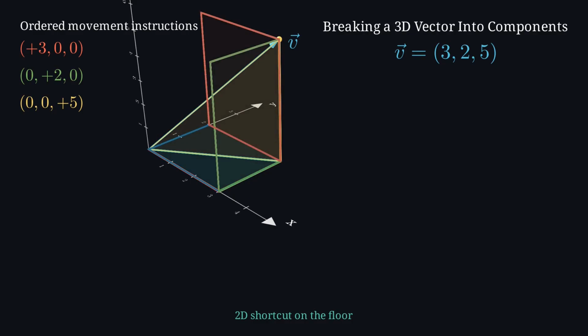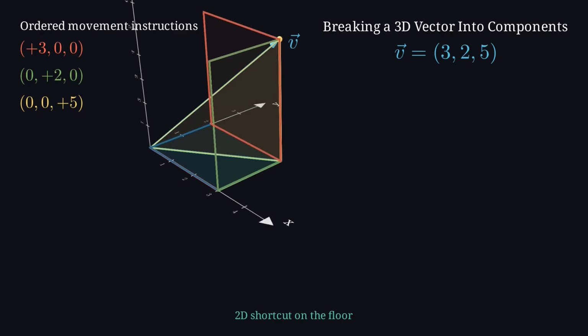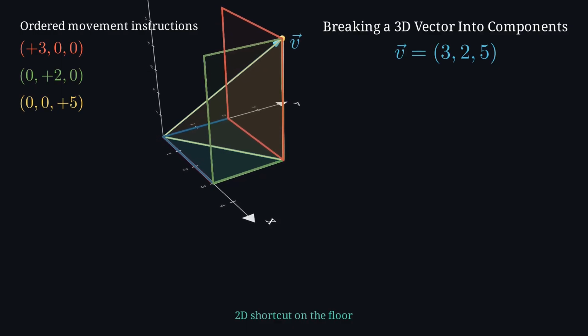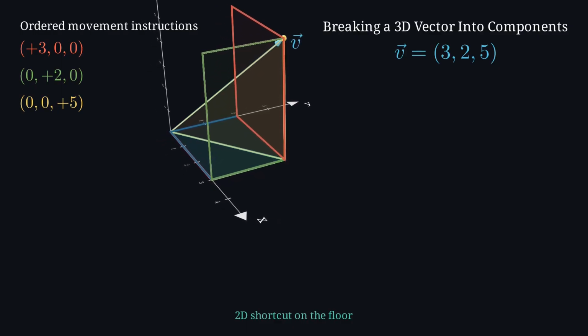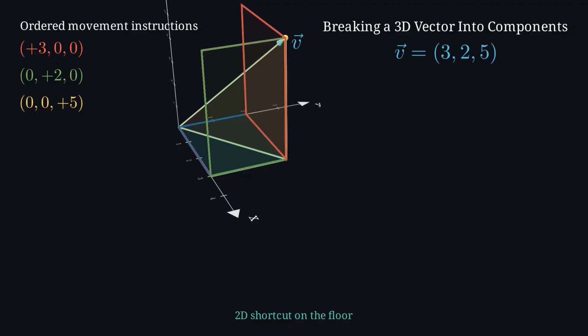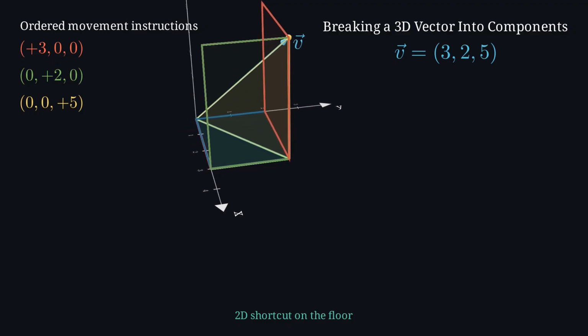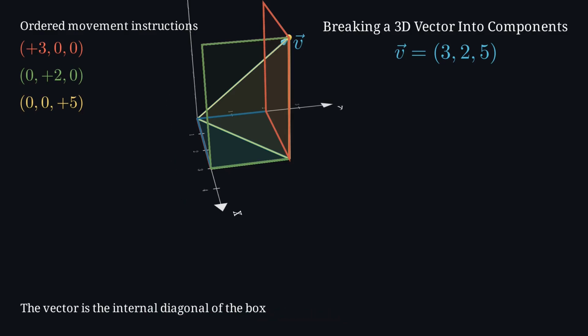As our perspective shifts around the coordinate space, notice how these 3 independent paths trace out the structural framework of a solid 3D box. The vector itself is the absolute internal diagonal of that box, and calculating the true length of this shortcut isn't a new mathematical formula.